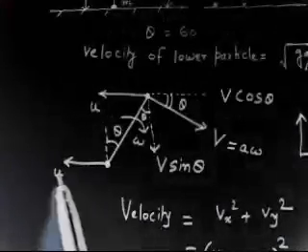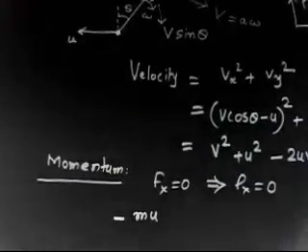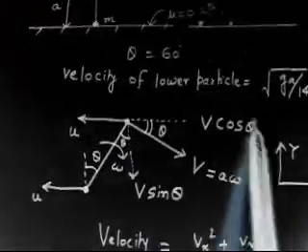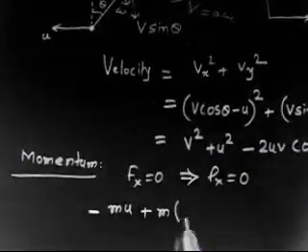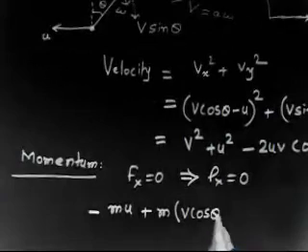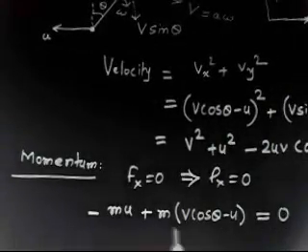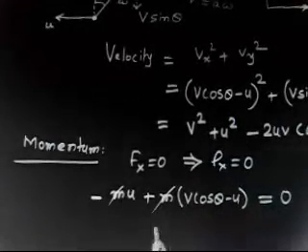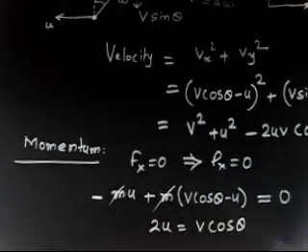This mass is going with speed u, so mu, but this is going this side, so I apply a minus sign. For this, the x velocity is V cos theta minus u, so the momentum is m times V cos theta minus u. The total is 0. So m cancels, and we have 2u equals V cos theta.